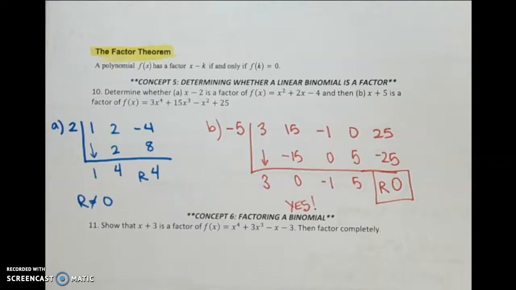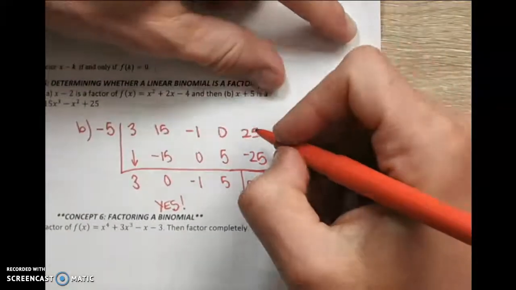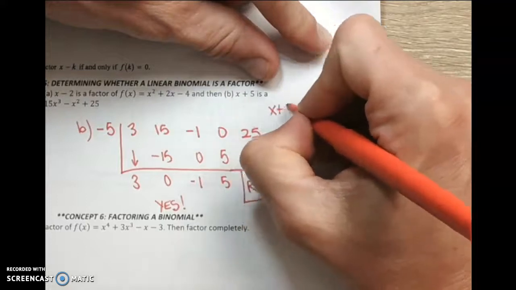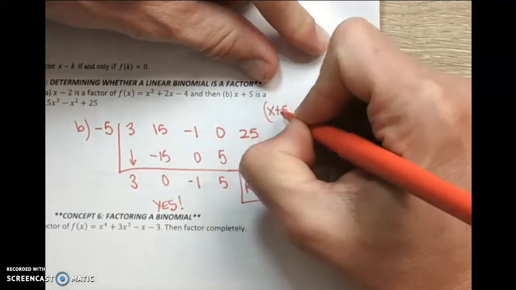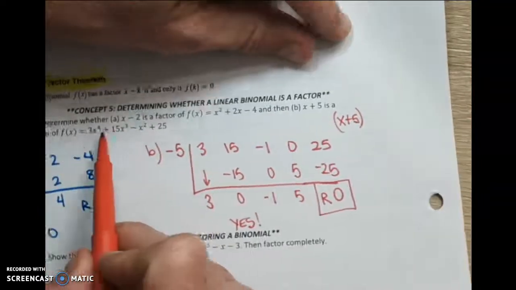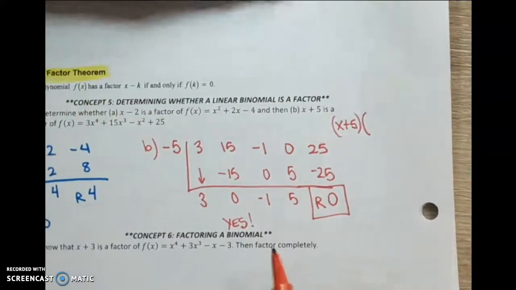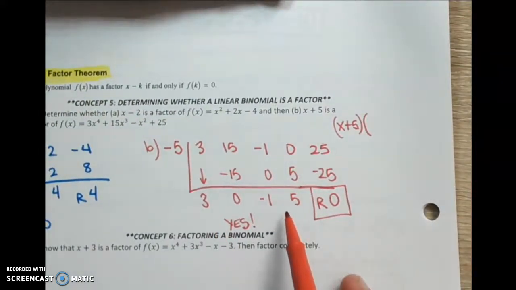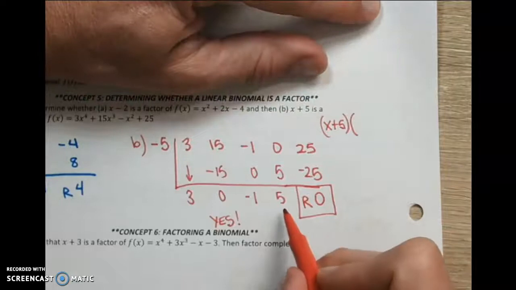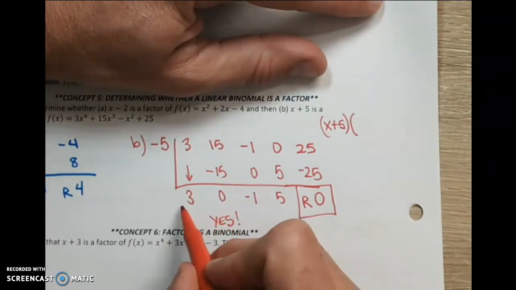Okay. So, what happens then? What does that mean? Well, it means that this x plus 5, which I had, is a factor of this polynomial that I have right here. What's the other factor? It's what's remaining. So that would be 5 minus 1x, and then 0x squared, and then 3x cubed.